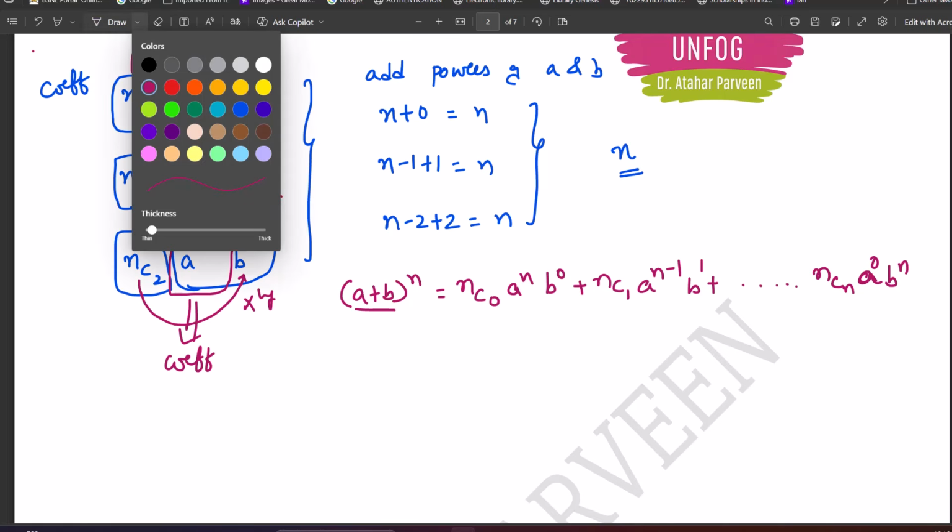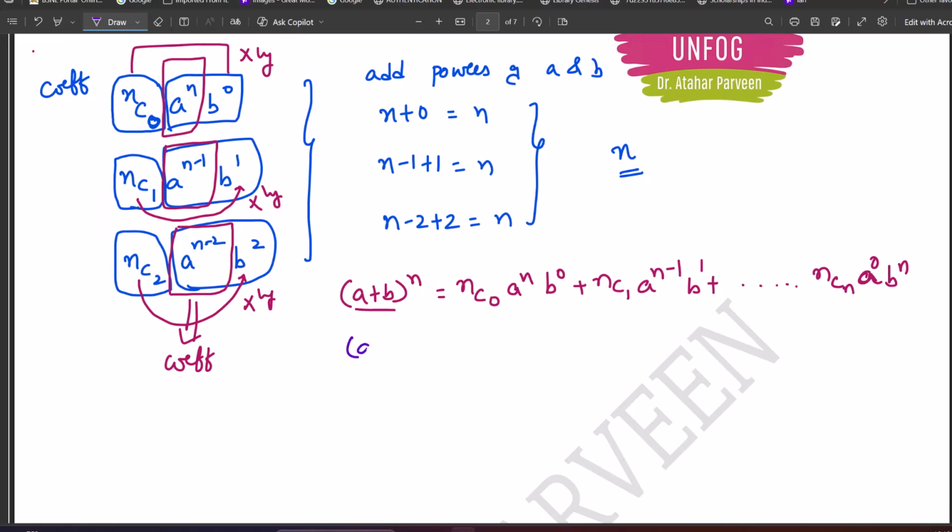But if you have a negative sign here, A minus B whole to the N, what will you do here? Here you have to write NC0, A to the N, B to the 0. The only change will be, you will write minus here. NC1, A to the N minus 1, B to the 1. Here it will be plus. Again it will go on, here it will be minus. Again it will go on, here it will be plus.